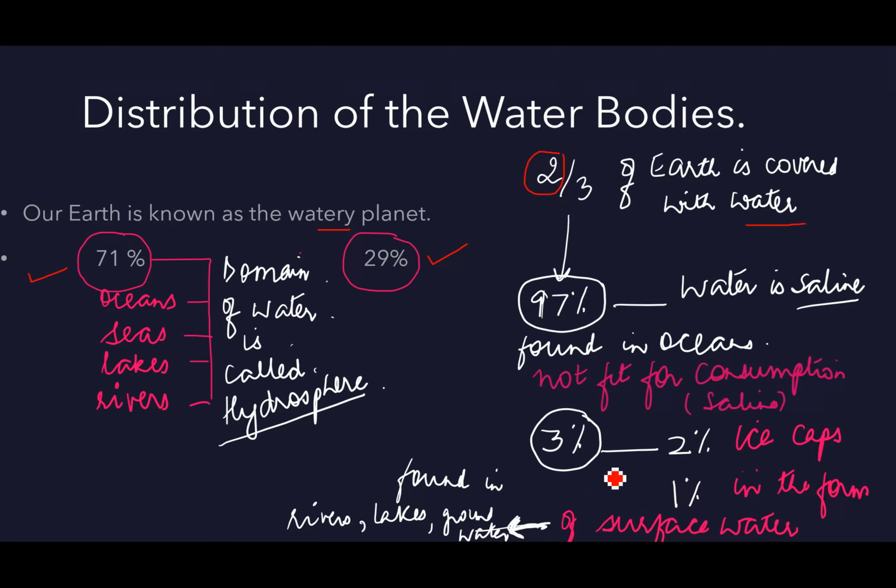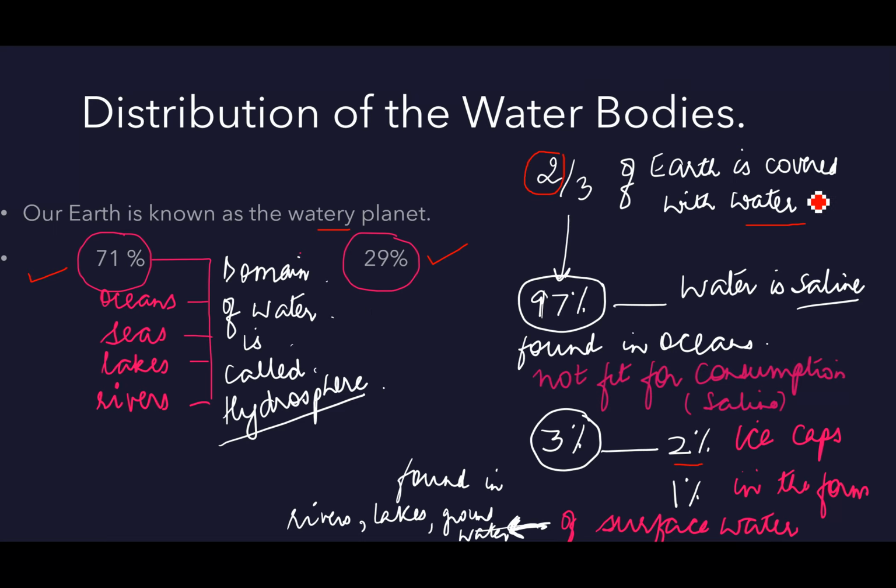Out of that 3%, 2% is found in the form of ice caps or glaciers, and only 1% in the form of surface water, which is found in rivers, lakes, and groundwater. So this is how the water is distributed on the earth. 71% of the earth consists of water, and this domain of water is called the hydrosphere. 29% is land.